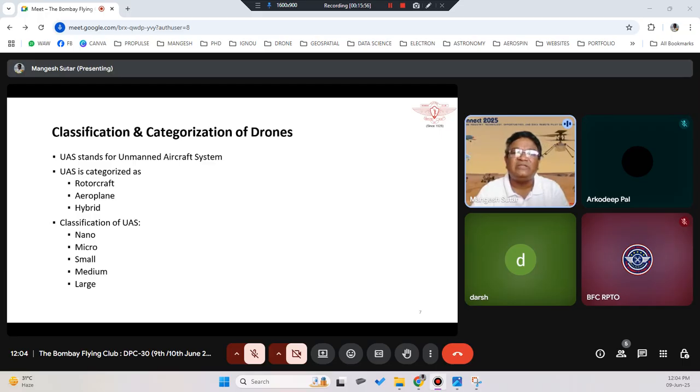We'll see in subsequent slides how the FAA or EASA categorize or classify drones according to their requirements and flying conditions. From the India perspective, we categorize with respect to type, that is rotorcraft, aeroplane or hybrid, and with respect to weight, it is nano, micro, small, medium and large. Are we clear on the category and classification, or do we still have any questions?